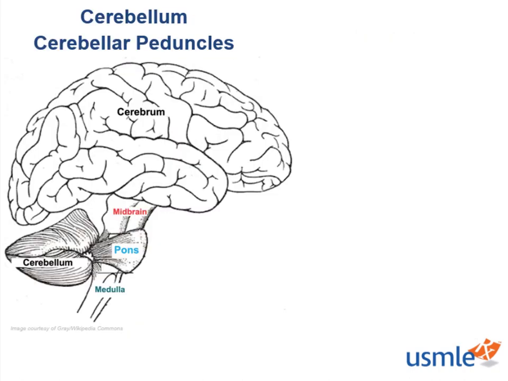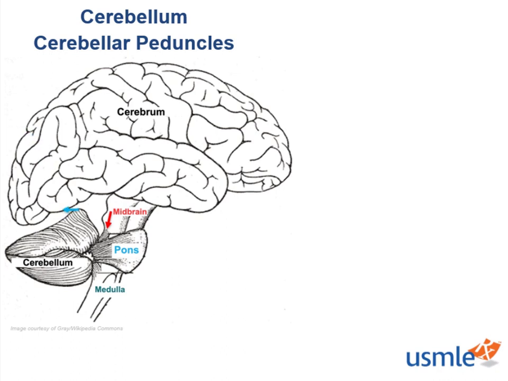Pictured here is the cerebrum above with the cerebellum below that is connected to the brainstem. The cerebellum is attached to each section of the brainstem by cerebellar peduncles, which are fiber tracts of axons going into and out of the cerebellum. The red arrow indicates the superior cerebellar peduncle, which connects the cerebellum to the midbrain, the most superior aspect of the brainstem.